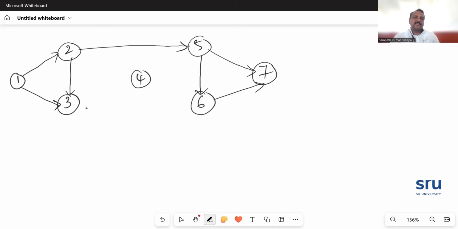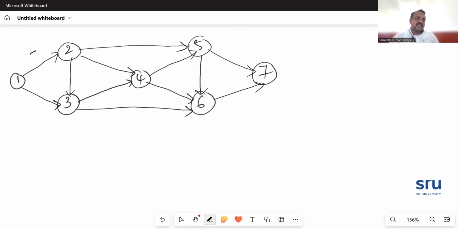And we have a line there, we have an edge, then we have an edge, and also we are going to have an edge here.